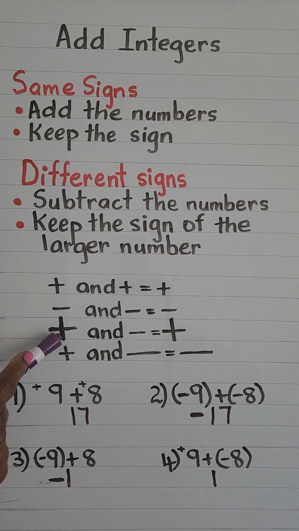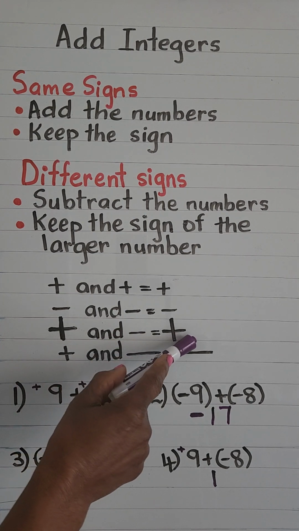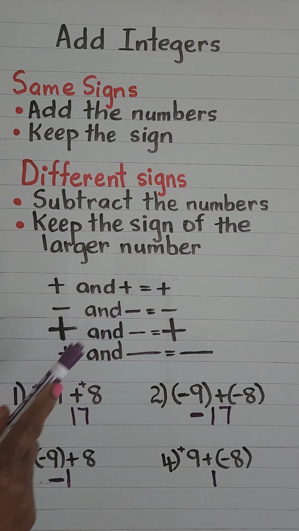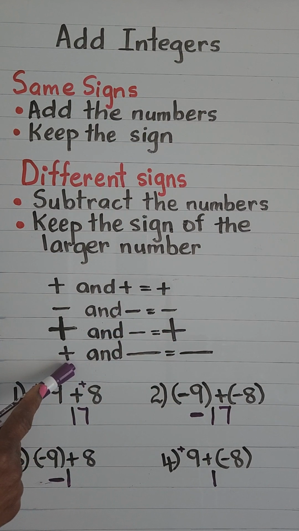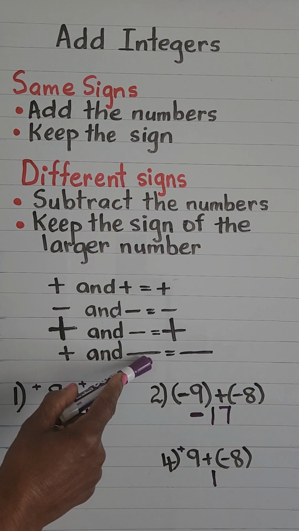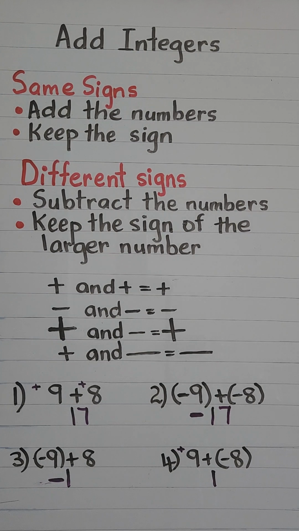So a larger positive number and a negative is equal to a positive result. A positive number and a larger negative number is equal to a negative result. And there you have it.